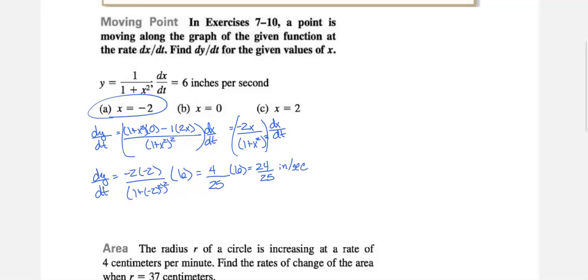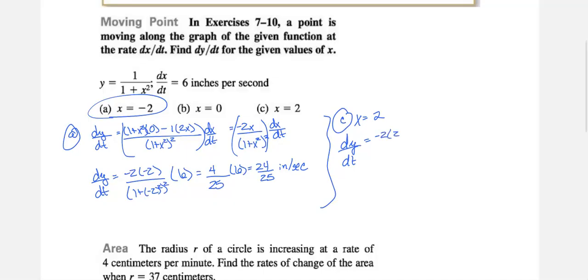And we could do the same thing with those other moments in time. And that dy over dt is going to be different. So that's for A. Let's plug in for C when x is equal to 2. So now we're looking at a positive x value. We want to know what's happening with that rate of change for the y. So we're going to plug 2 into our derivative.